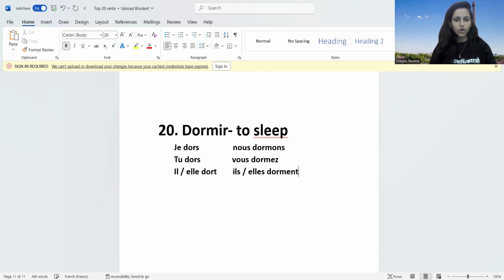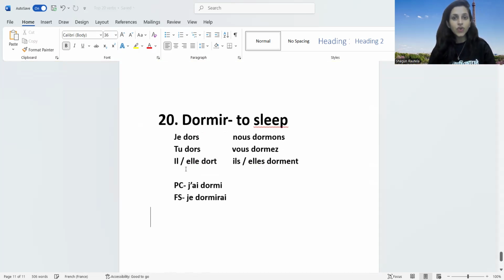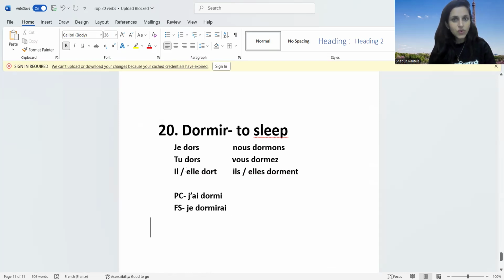Elles dorment. If we talk about PC, j'ai dormi. Talking about FS, je dormirai. Yeah. So we've completed all the 20 top verbs that you must know for your exams, whichever exams you're appearing for, whether it's 9th grade, 8th grade, 10th grade, you must know all these 20 verbs in all the tenses. So keep practicing.